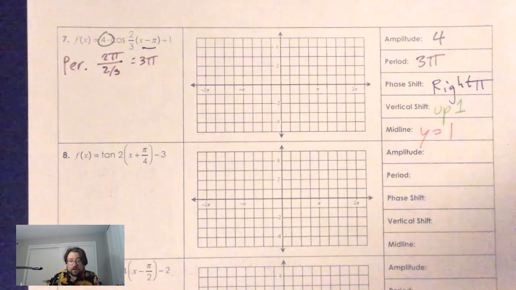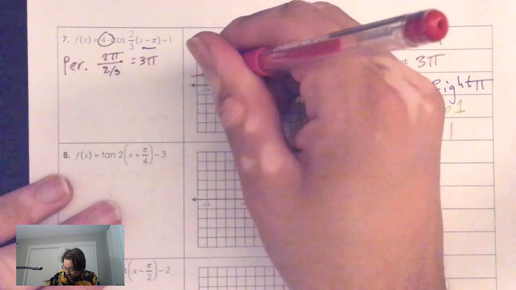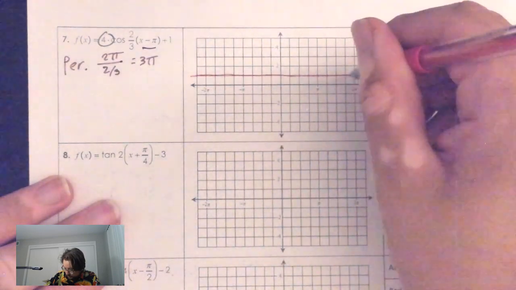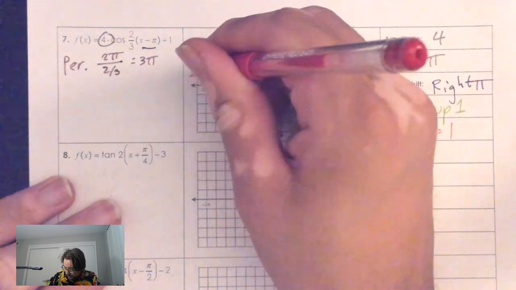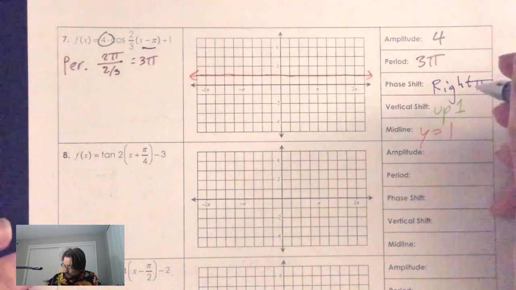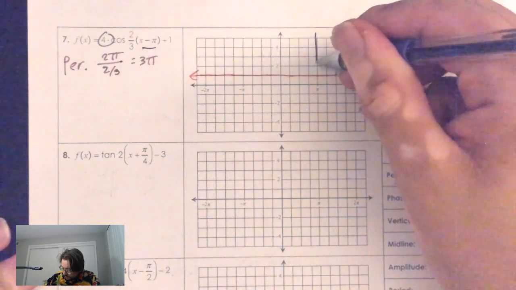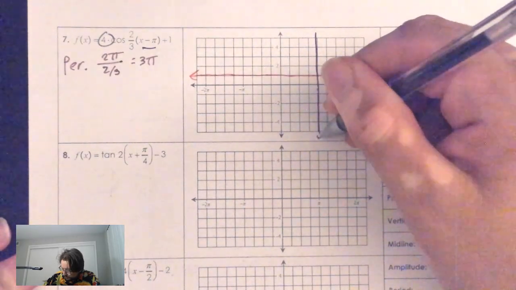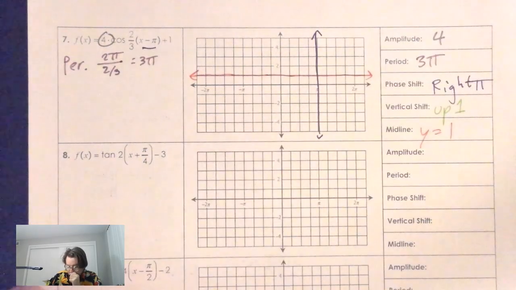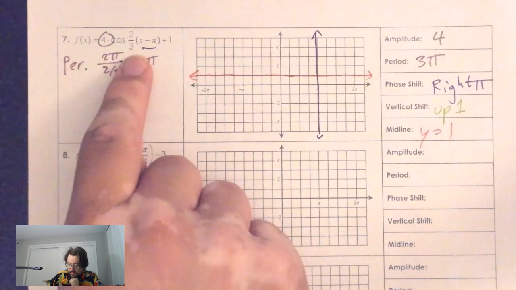Another technique for drawing these is just to redraw your axes. So I could say basically my new x-axis is at 1, and my new y-axis is at pi, because it goes to the right by pi. And then I can draw a standard 4 cosine 2/3 pi graph from here.